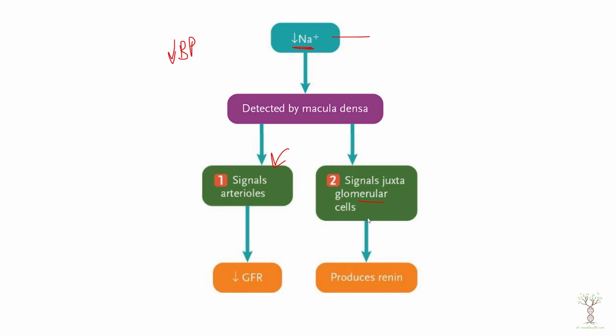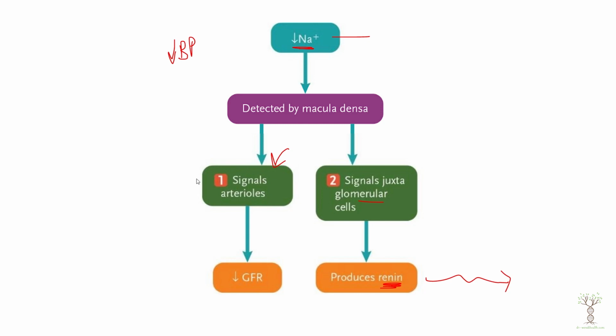Now, we've just talked about how the juxtaglomerular cells will produce renin, and this is going to have a whole cascade of effects that I'll talk about in a second. But the other thing that we can do to control the amount of blood going into the nephron, which means we're controlling filtration and therefore controlling the amount that we're excreting, is we can dilate and constrict arterioles.